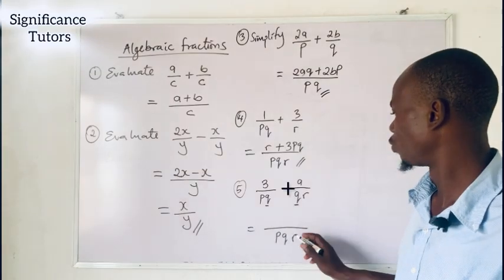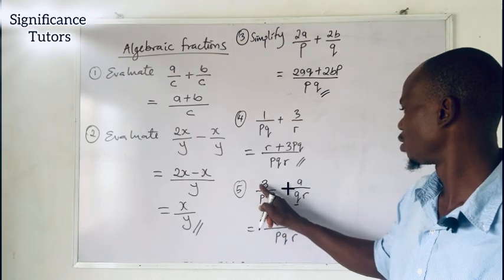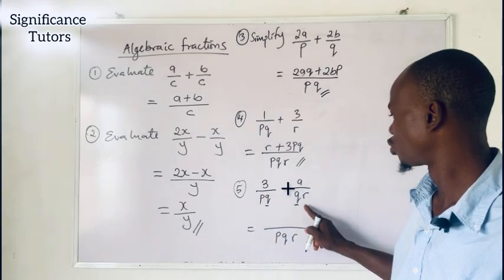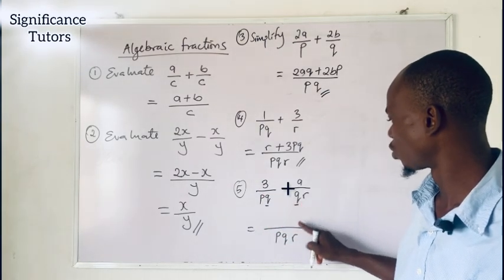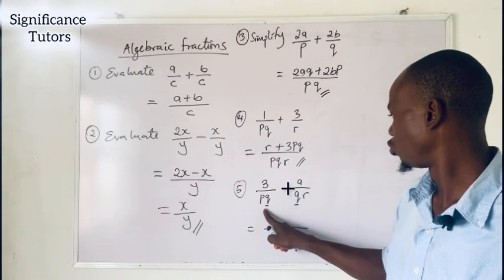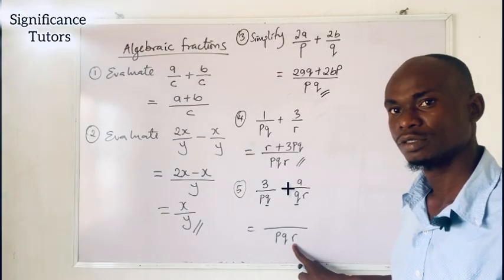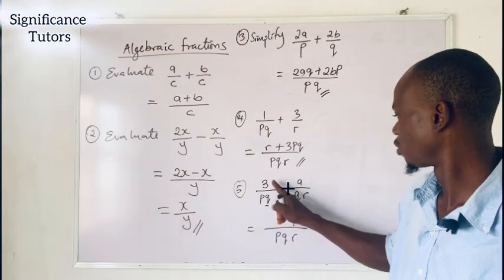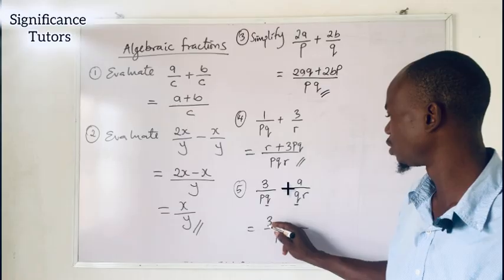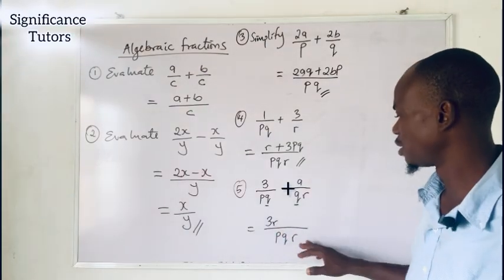Okay? Then when you want to cross multiply, it's still the same thing. 3 times qr... I think I need to come again with this. I haven't gotten the LCM.